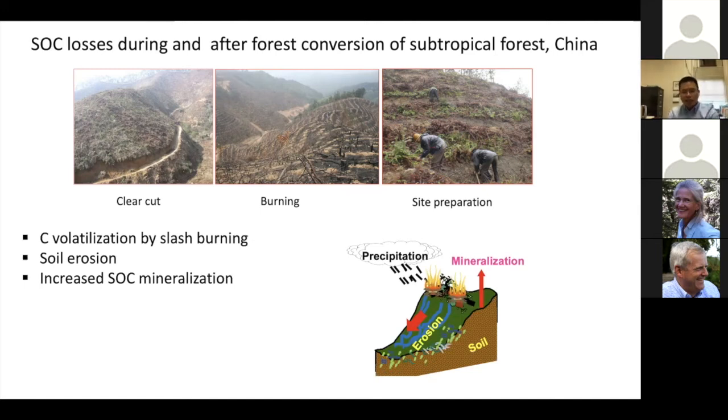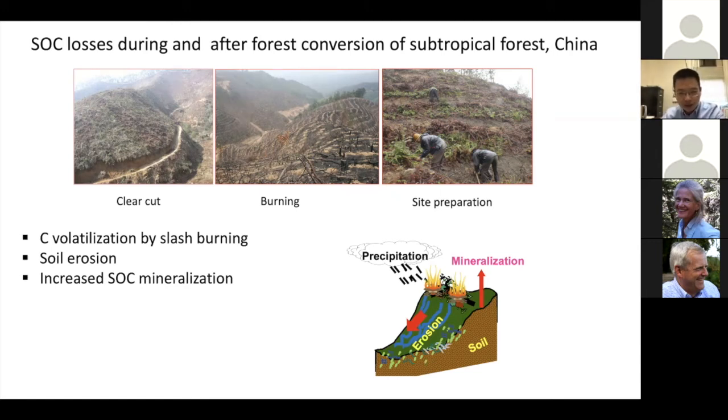And this intense human activity can induce different pathways of SOC losses. Like the slash burning can induce lots of carbon losses from carbon volatilization.